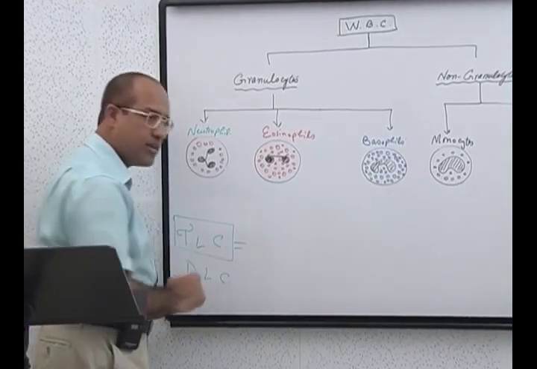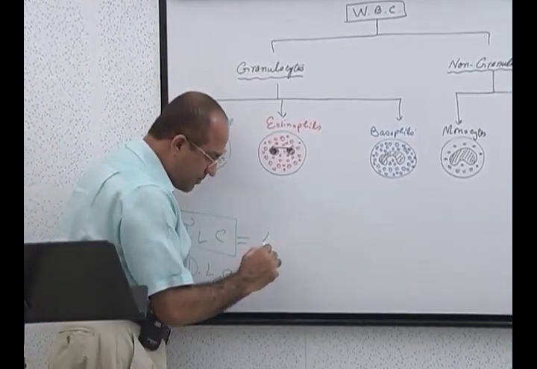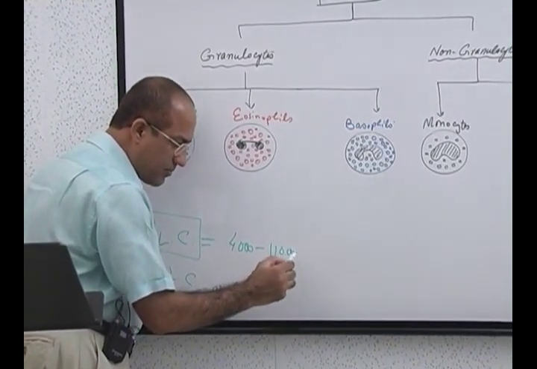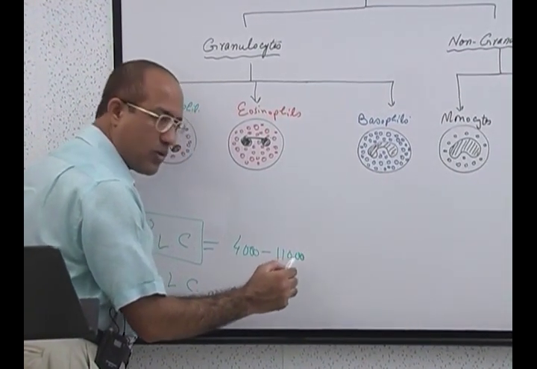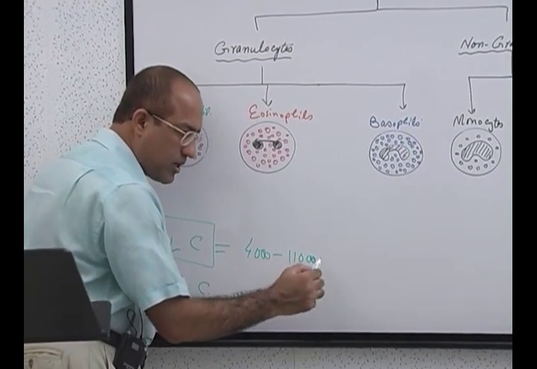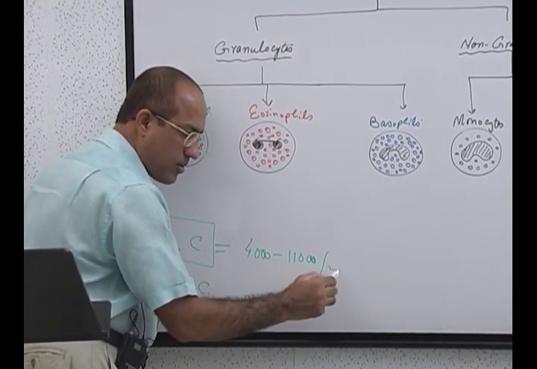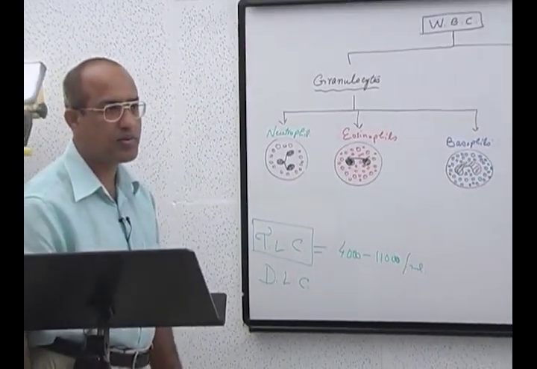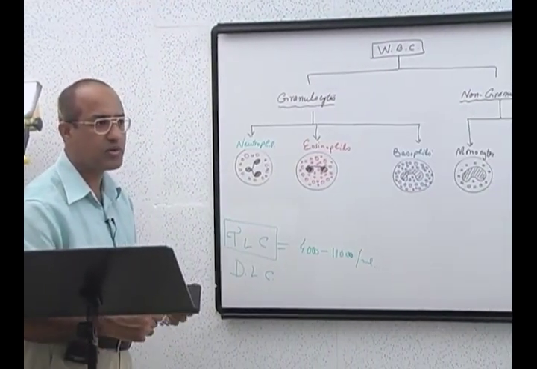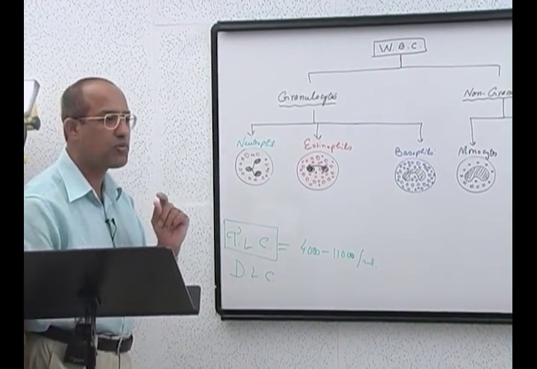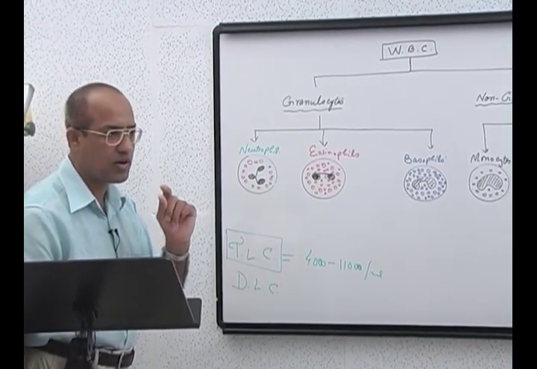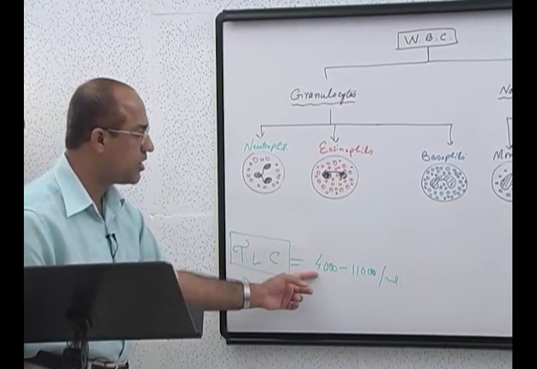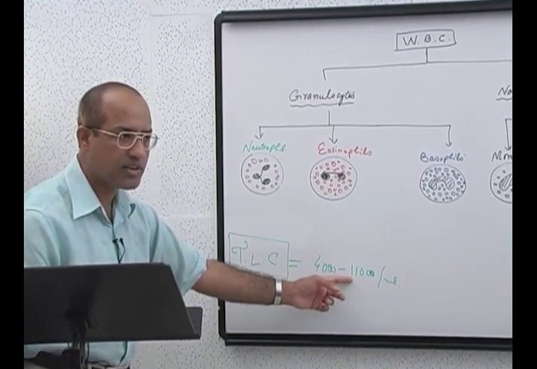So what is it normally? It is somewhere between 4,000 to 11,000 white blood cells per cubic millimeter. Am I clear to everyone? If you take a healthy person's 1 drop of blood, the white blood cell count should be between 4,000 and 11,000.